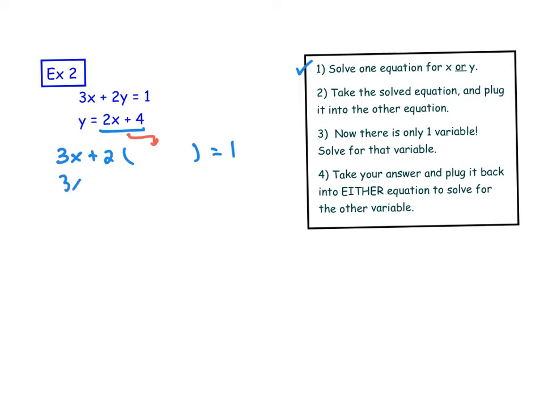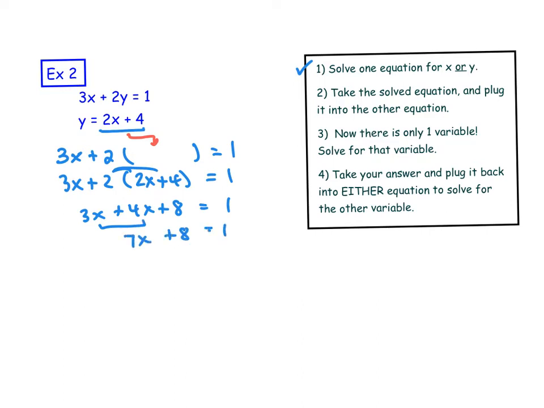So I'll just rewrite it, 3x plus 2 times (2x plus 4) equals 1. And then we're just going to solve it. So we're going to distribute the 2 in. We've got 3x plus 4x plus 8 equals 1. Combine like terms, 7x plus 8 equals 1.